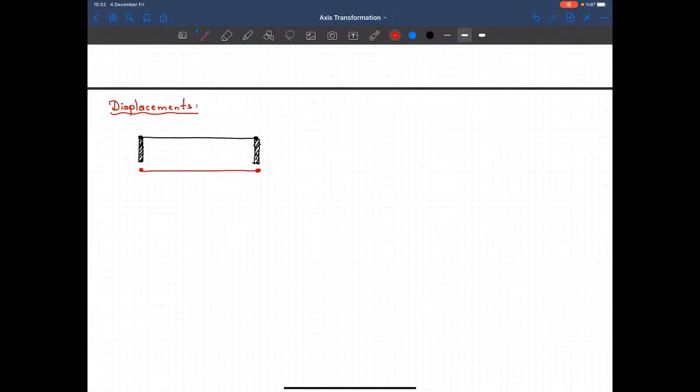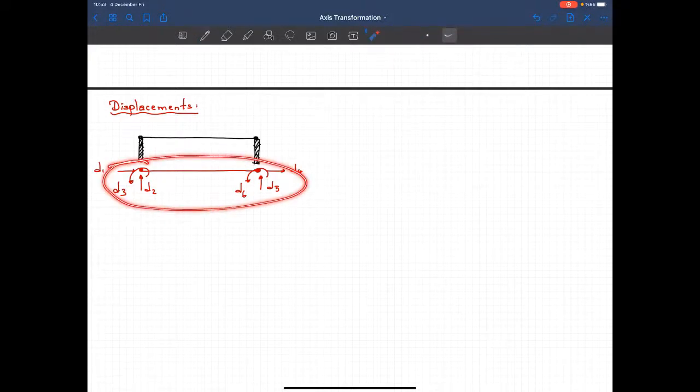Okay, and we know the stiffness coefficients in D1, that's D2, D3, D4, D5, and D6. So this is our classical beam frame element, for which I can calculate all the stiffness coefficients. But I want to transfer these displacements to the top node.